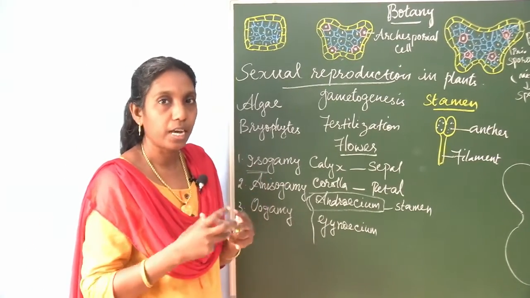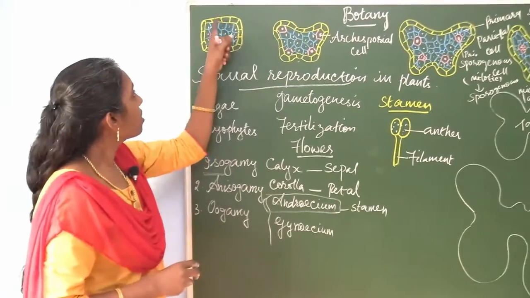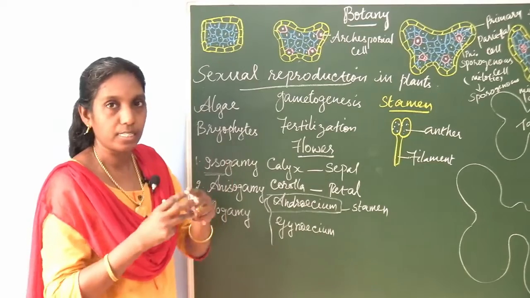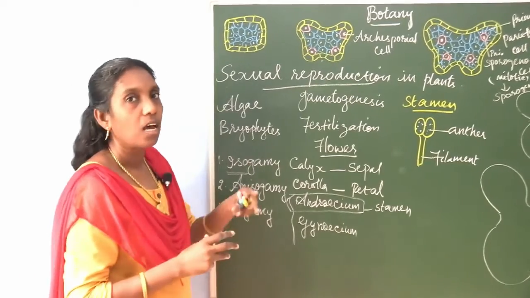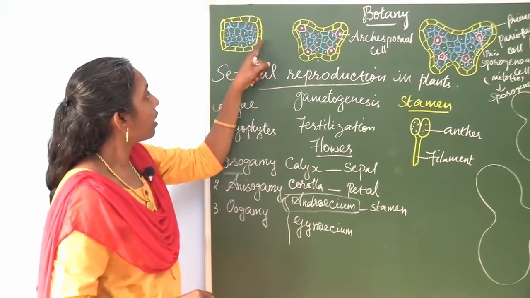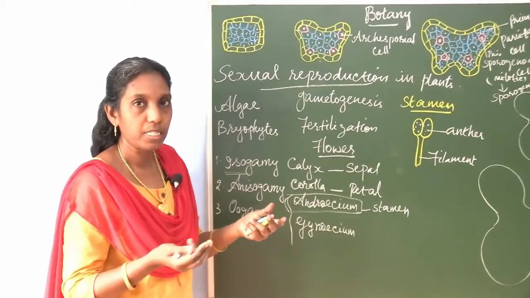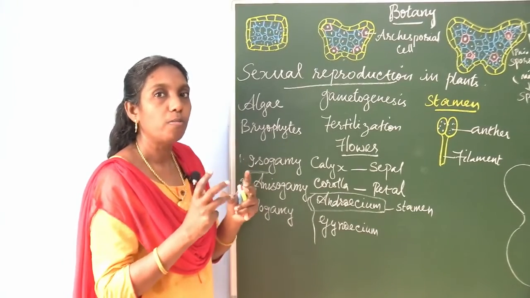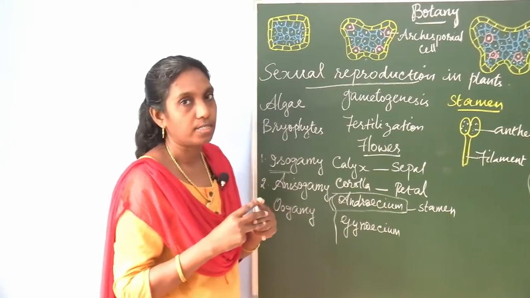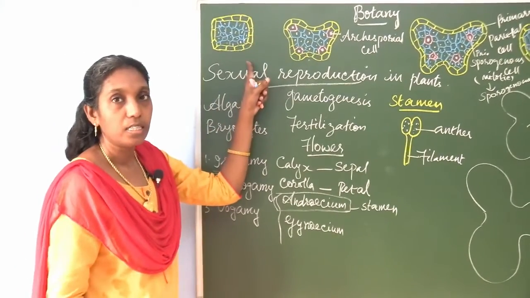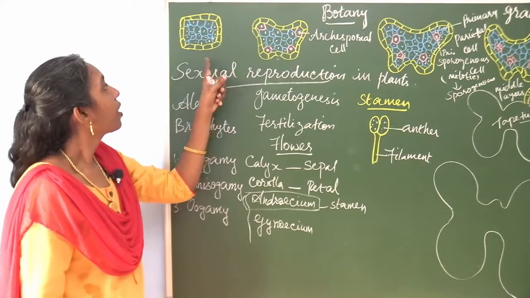These homogeneous cells are present inner to the epidermis. The outermost layer is called the epidermis.